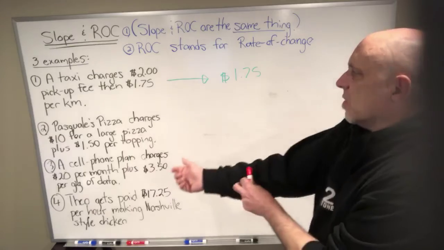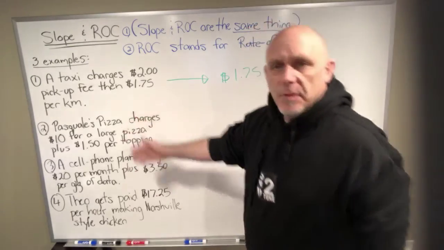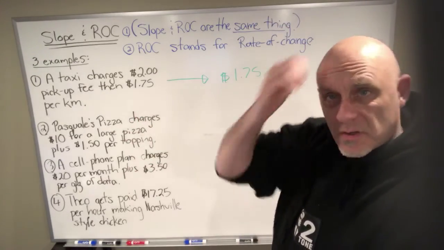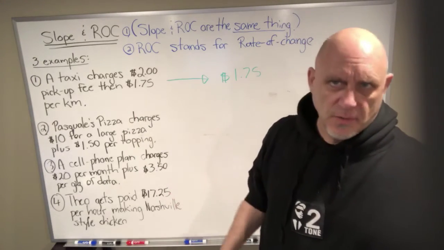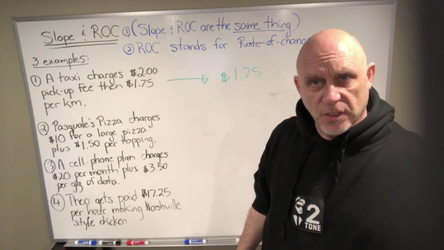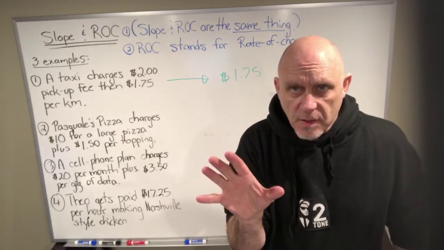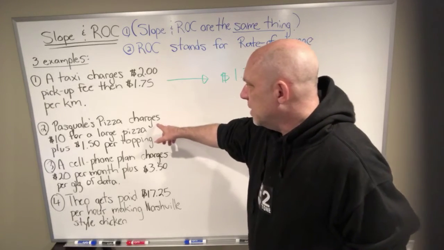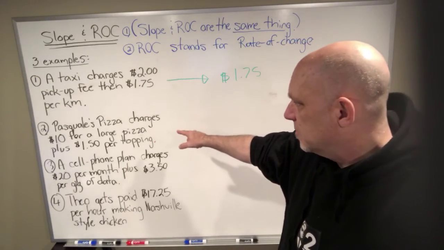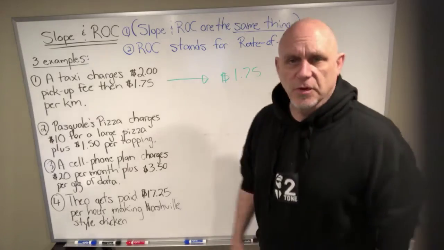Now, here's another thing that often happens when you order pizza. They often want to know how many toppings you want. That'll affect the price. That's what changes. So there's a beginning amount and then an amount that changes. Pasquale's Pizza charges $10 for a large pizza plus $1.50 per topping.